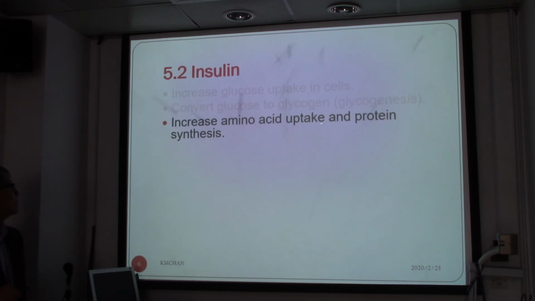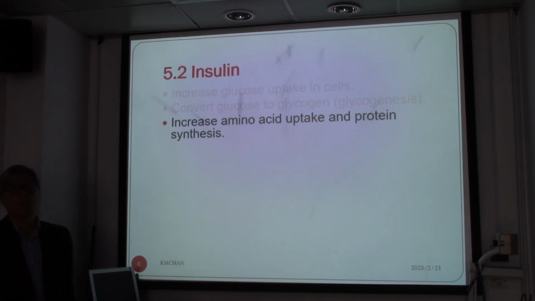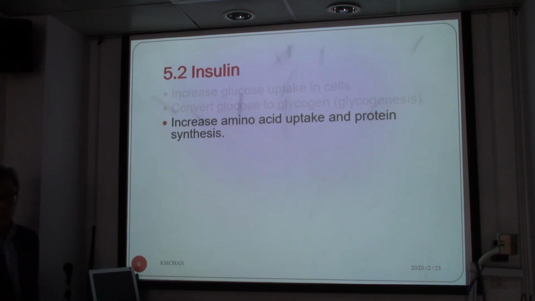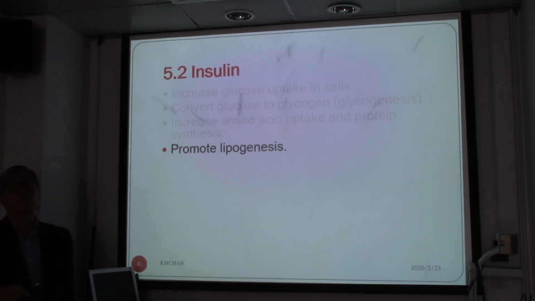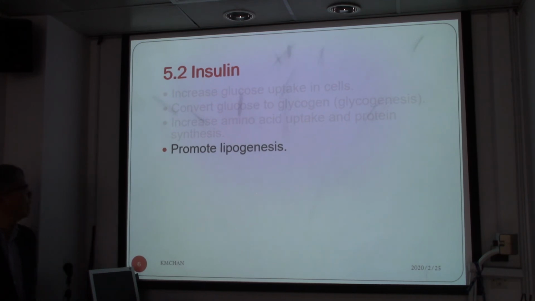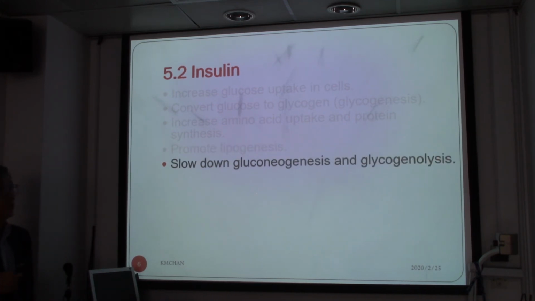It increases amino acid uptake and protein synthesis as well, to make muscles or many proteins in the cell, and also promotes lipogenesis because we want to store the sugar as lipid in our body if we don't use it up.